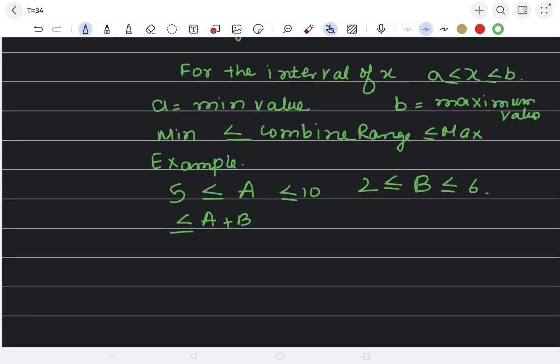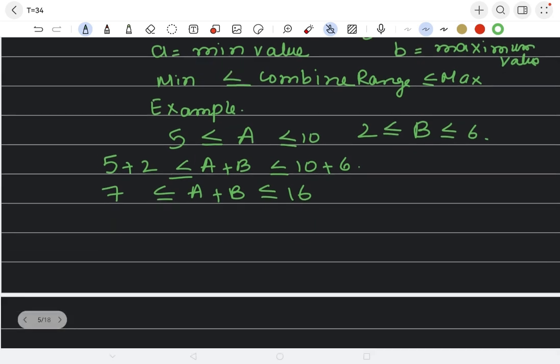It means our minimum value will be 5 plus 2 and our maximum value will be 10 plus 6. Do you think we can get any other maximum or minimum value? No. Minimum option is 5 plus 2, 7, and maximum one is 10 plus 6, 16.